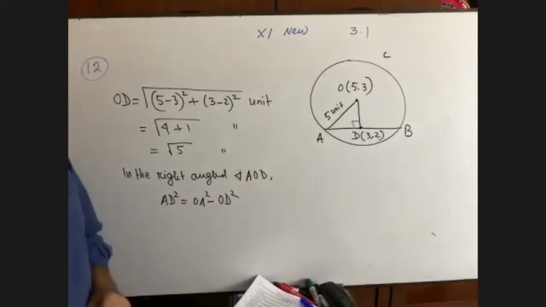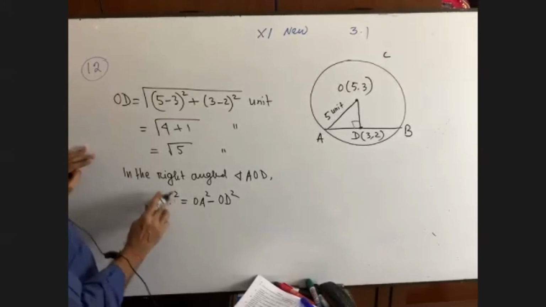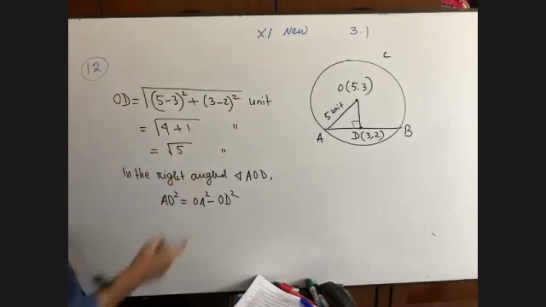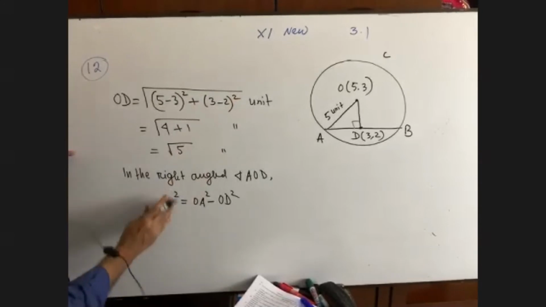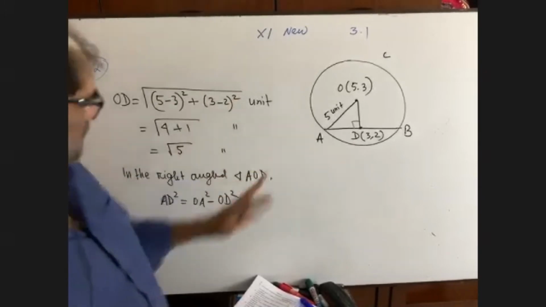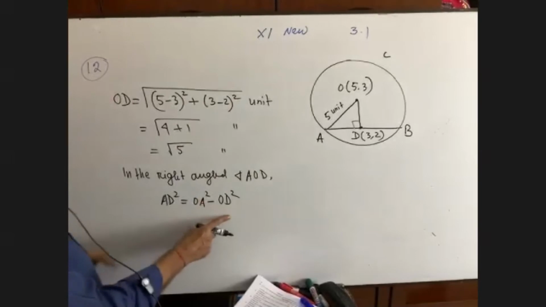I have applied Pythagoras theorem. Oh, I'm sorry, not AD square. It is OA square. OA square is AD square plus OD square. Yeah, it is absolutely right. AD square plus OD square equals OA square.